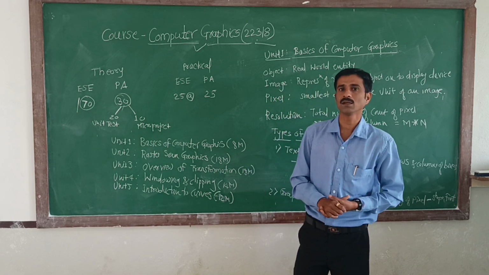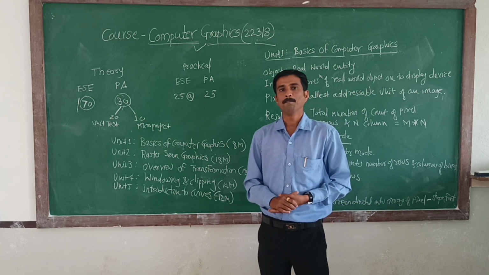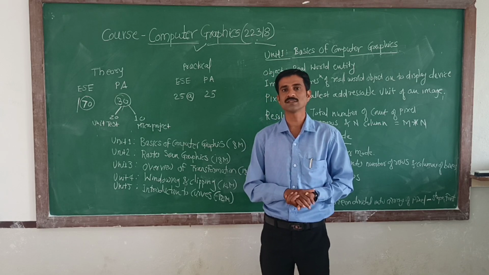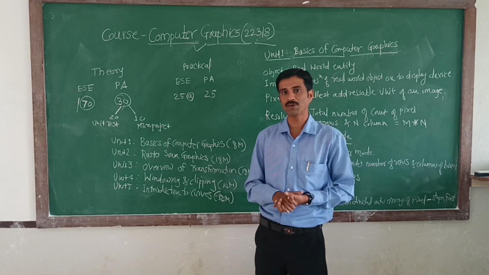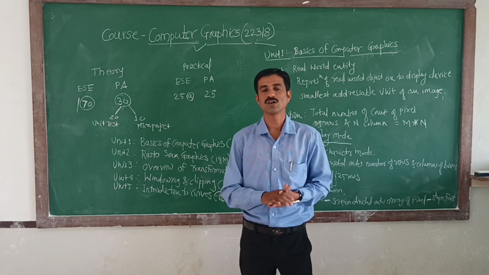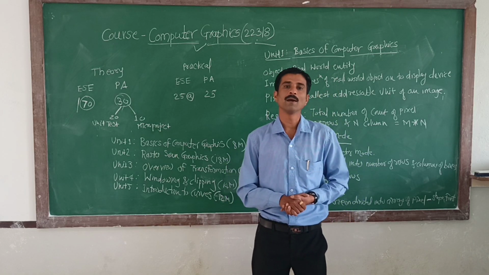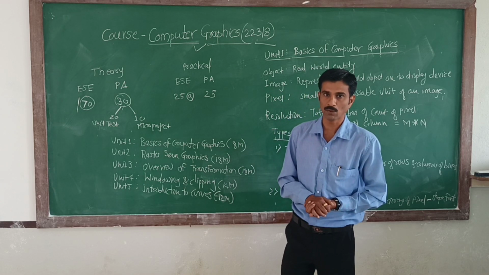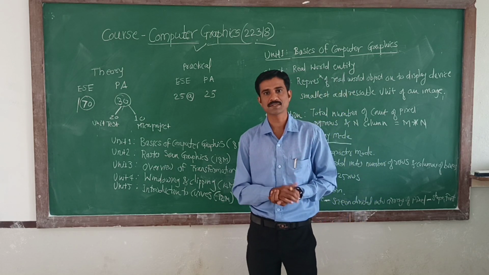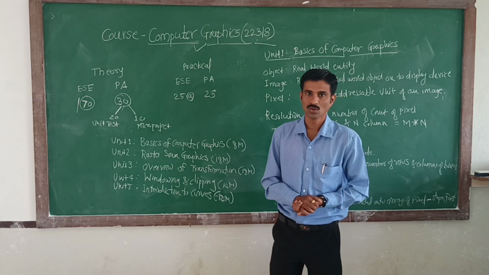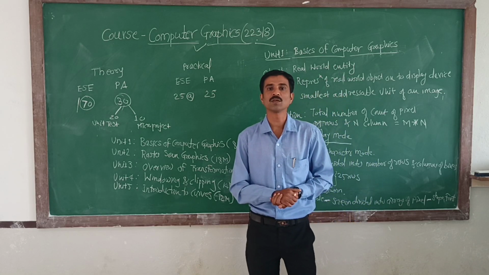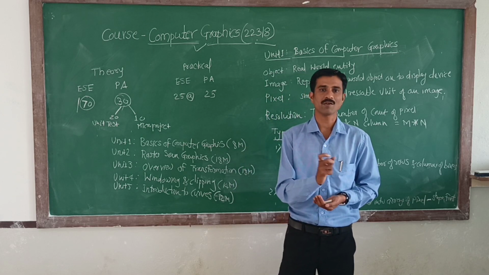So it is basically a branch of computer science, and using a programming language or some functions we are creating or developing different lines, charts, images, etc. So this is nothing but computer graphics.